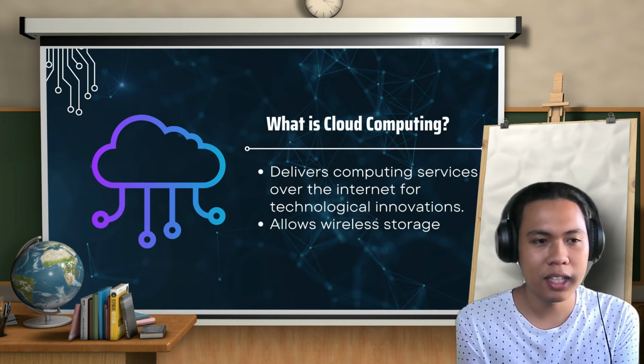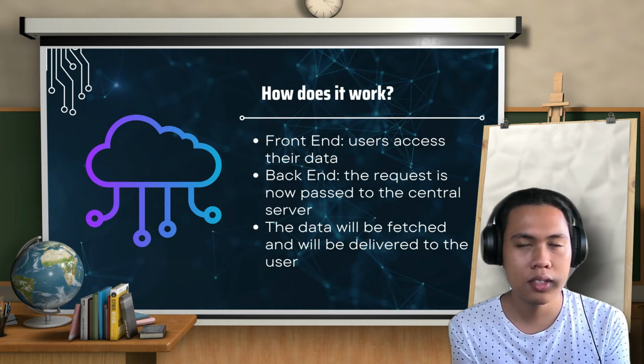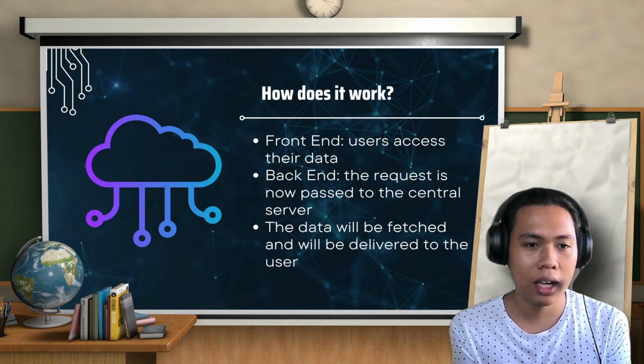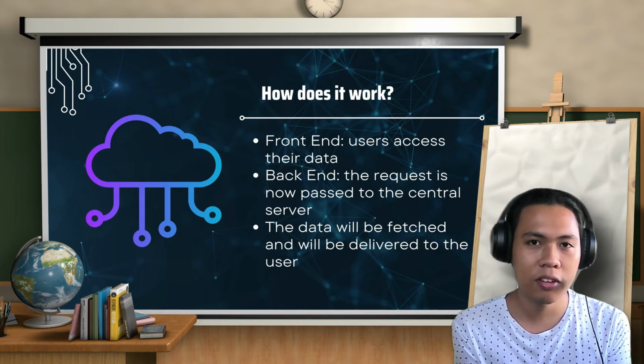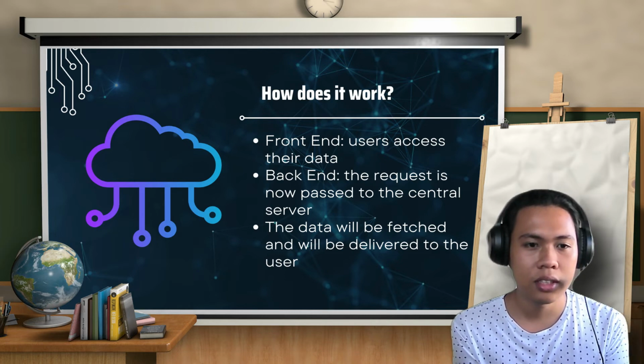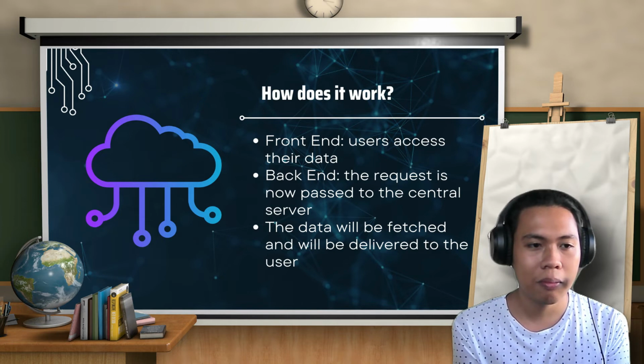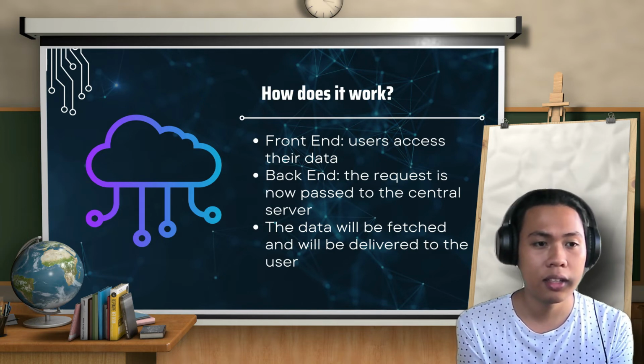So next slide please. How does it work? It has two components, the front and the back end. The first one, the front end, begins with the user accessing their data using an internet browser or unique software. After that, the back end comes into play.